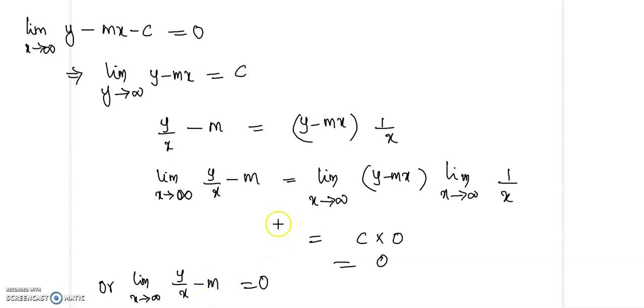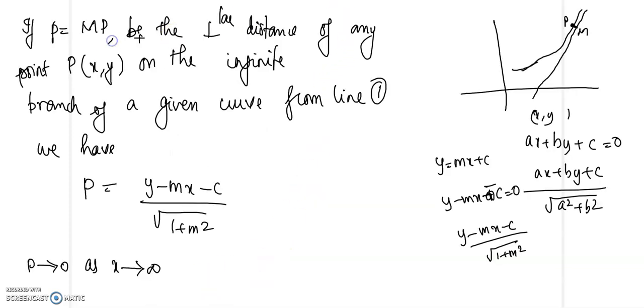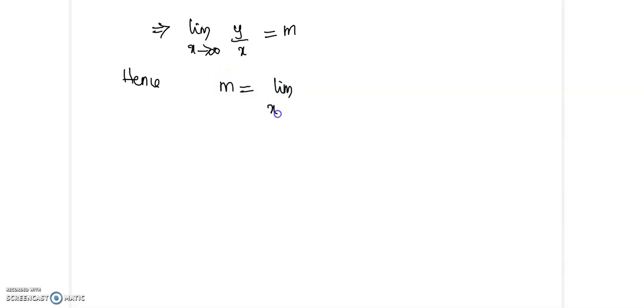Now m is a constant value. So that implies when you take the limit x tends to infinity, y by x is equal to m. So hence we have got the values of m and c. m will be limit x tends to infinity of y by x, and once you have the value of m, c is going to be limit x tends to infinity of y minus mx.